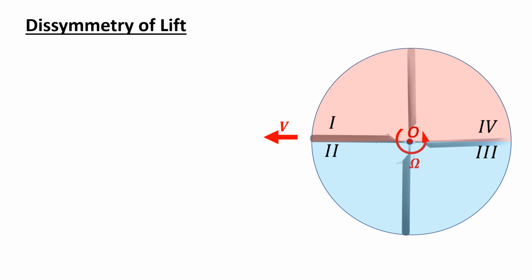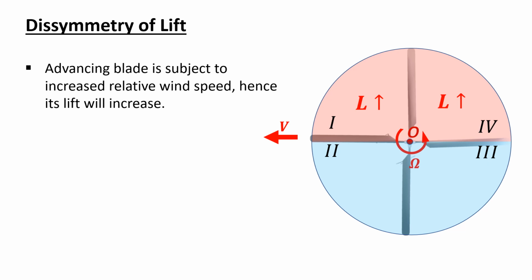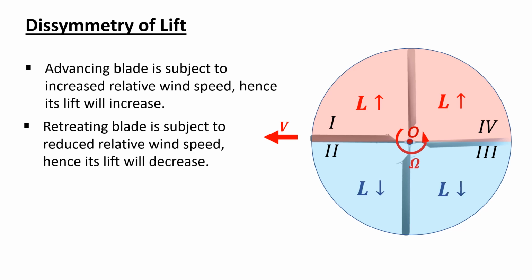When a blade is in quarters 1 and 4, it is subject to an increased relative wind speed, so the lift will increase. On the contrary, the blades in quarters 2 and 3 are the retreating blades, so they are subject to reduced relative wind speed, and then the lift will decrease.